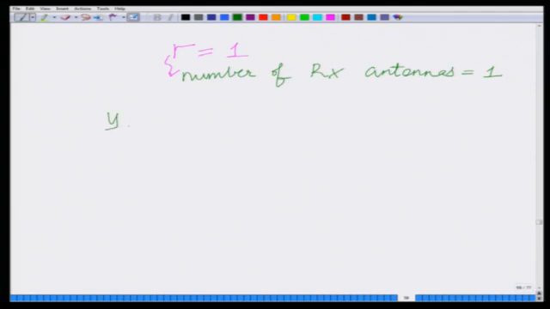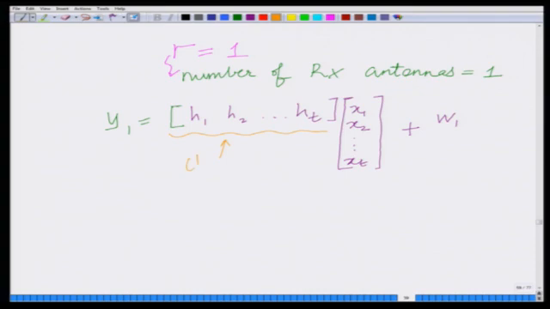This is a very interesting scenario which we have not seen before, where we have multiple transmit antennas and a single receive antenna. I can represent this as Y1 equals the row vector h1, h2, ht times x1, x2, xt plus W1, which is the noise sample, and this is the channel vector.